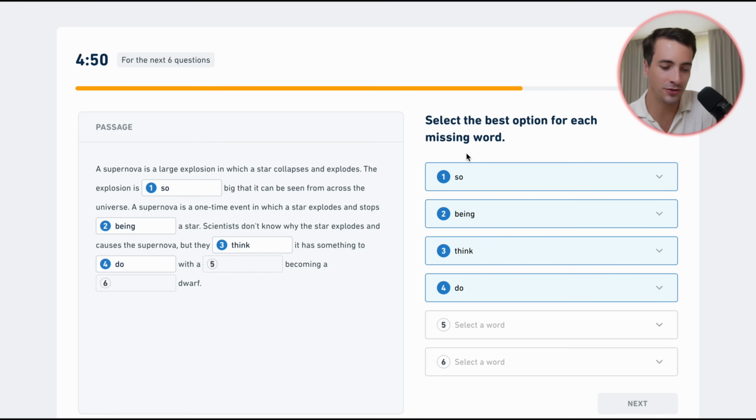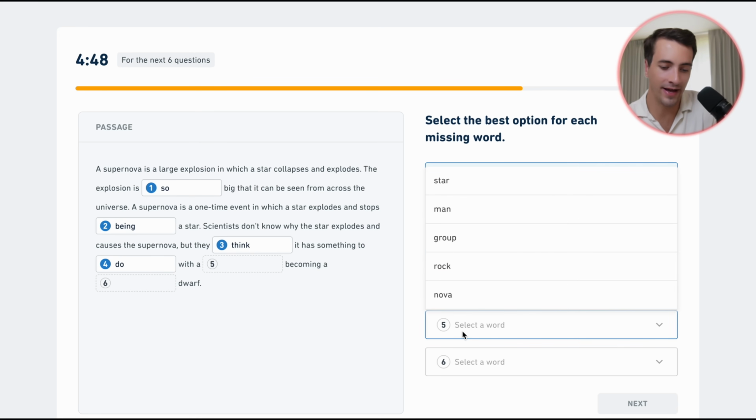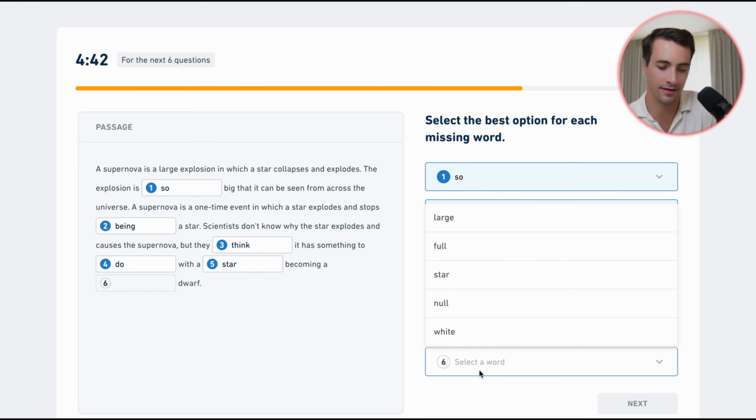It has something to do with a star becoming a white dwarf. So this one is, to be honest, I think a little too difficult because white dwarf is very specific to astronomy. So if you're a student of astronomy or you like astronomy, you've probably heard about a white dwarf.